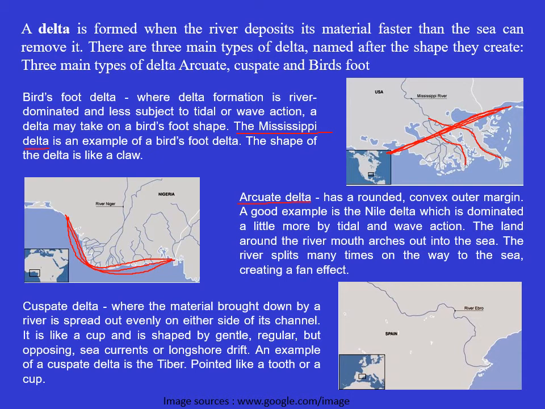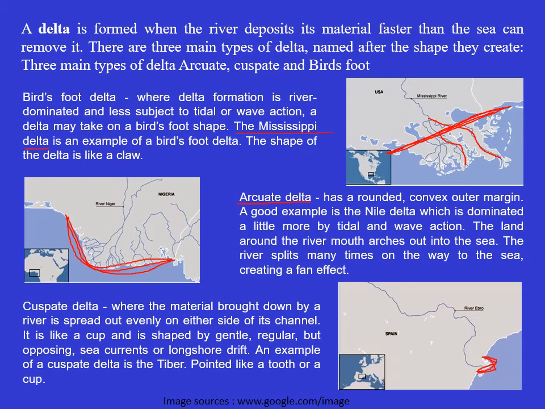The last type of delta is known as cusped delta, where the density of river water is much higher than the seawater. So in this case, the river water moves within the sea as almost a bottom water current. Thereby they create these kinds of shallow notches, shallow depositional features, shallow deltas within the ocean body.